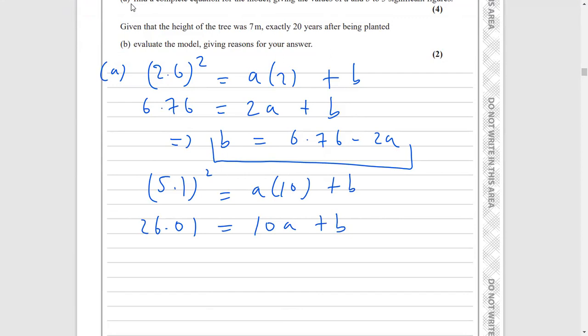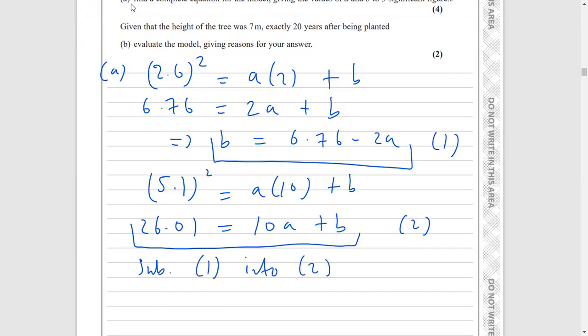Now, what we know is that b is equal to what we've got up here. So I'll call this equation 1, and I'll call this equation 2. So if we just substitute 1 into 2, that's the reason why I made b the subject of the formula, just so we can substitute equation 1 into the b here.